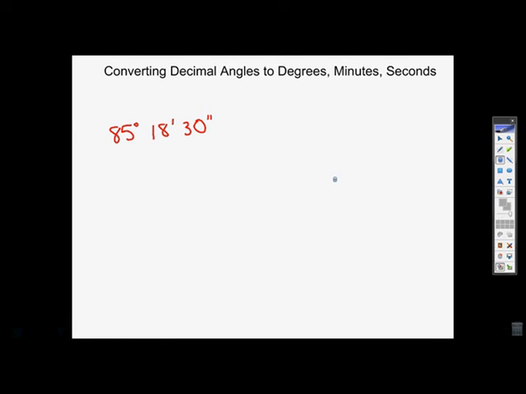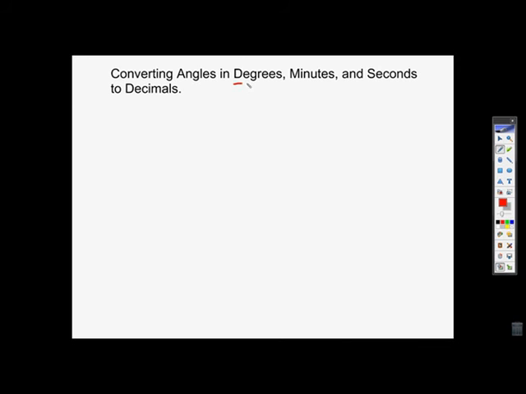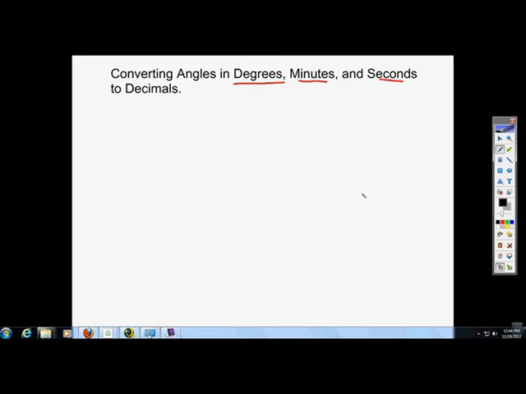The one we're interested in for this example is we are converting, ooh, I got this backwards, my bad. The first thing we are going to do here is convert angles that are given in degrees and minutes and seconds back into decimals. So my angle was right.